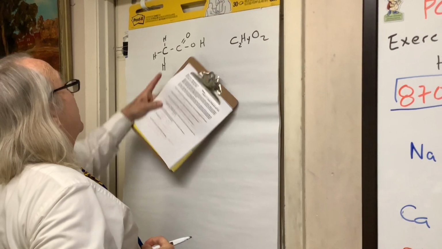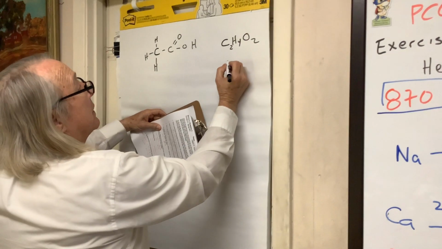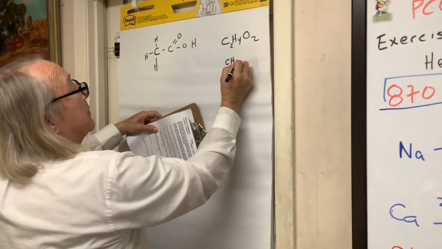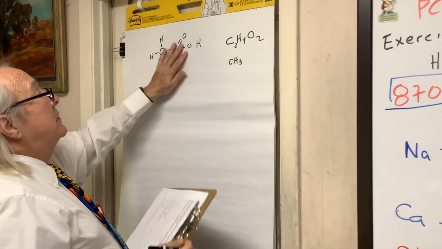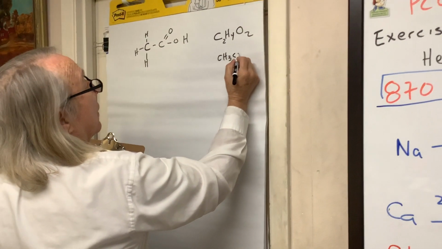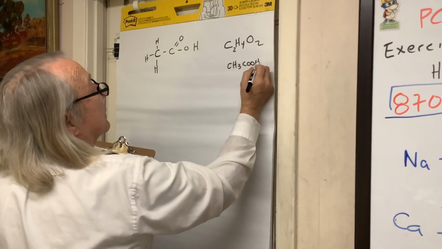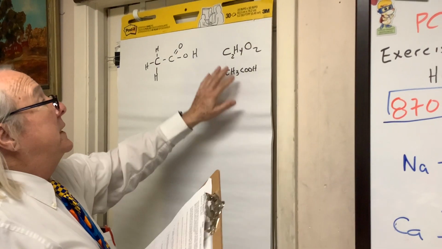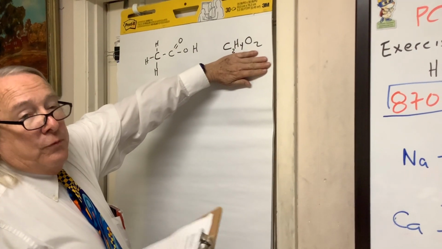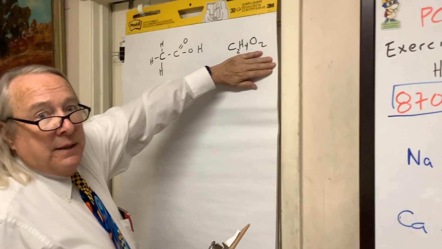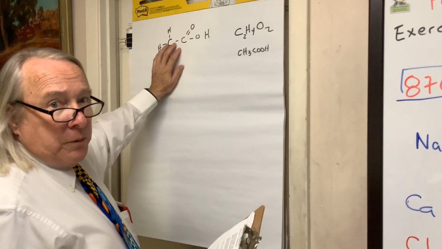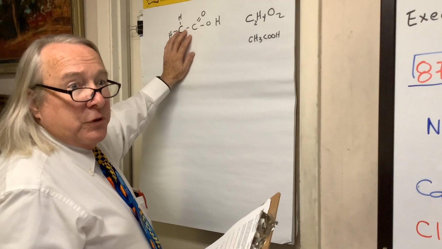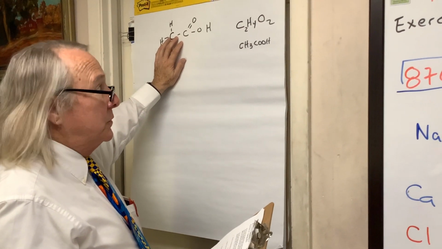I can also write this way: CH3, because this tends to stay together, COOH. The chemical formula doesn't tell me anything about the connections. The structural formula, structural model, tells me how the atoms are connected and who's connected to who.